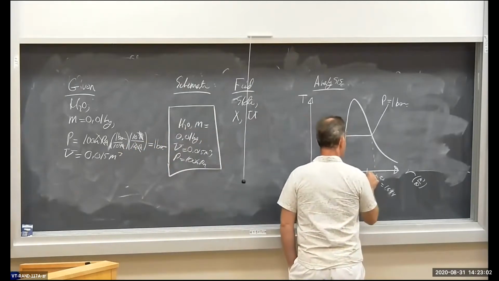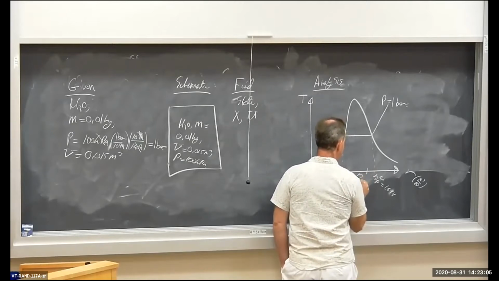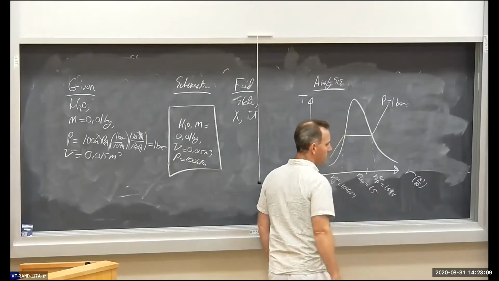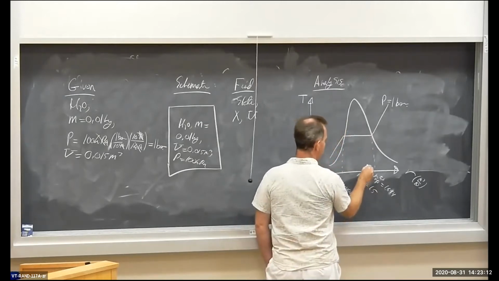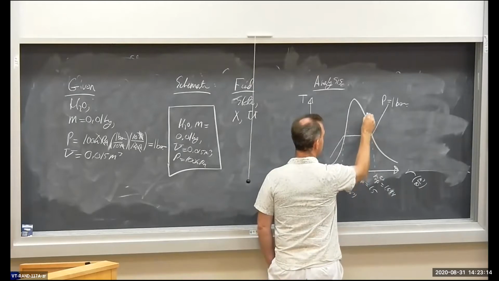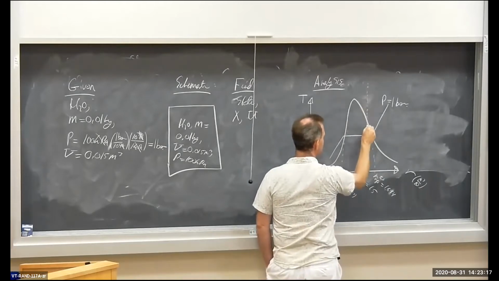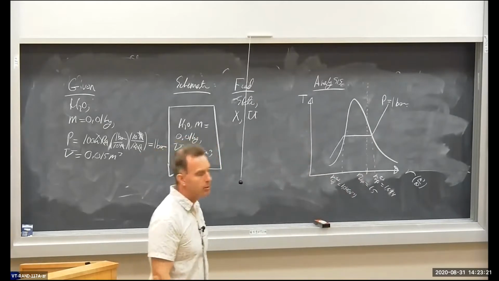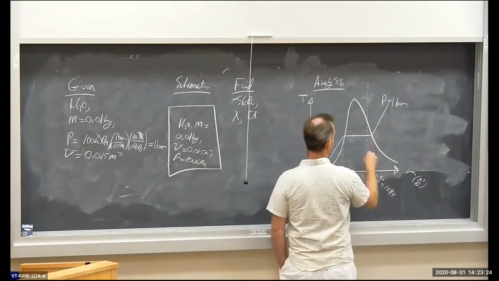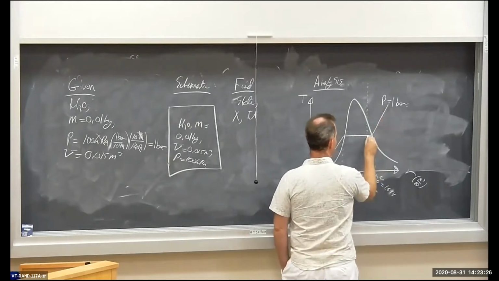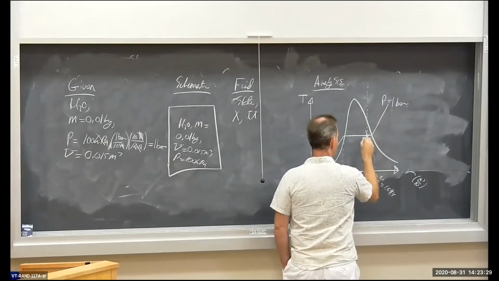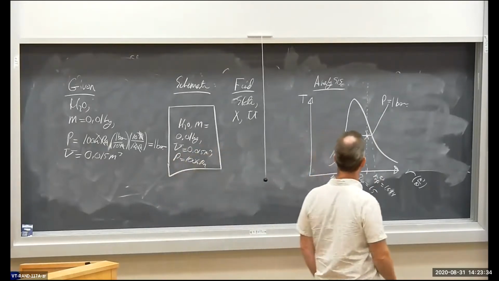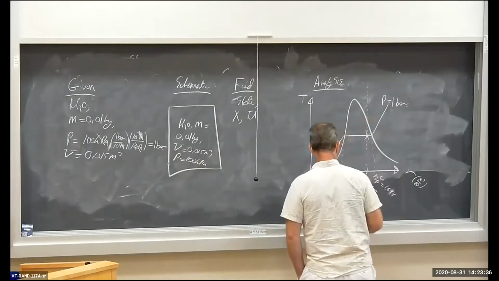However, my specific volume for the H2O is between the two. It's 1.5. So I'm actually along this isochore, 1.5 cubic meters per kilogram. The intersection of my isochore and my isobar, that is my state. Saturated mixture.